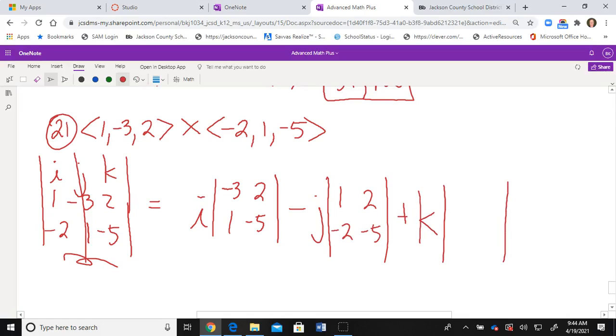You take out k's column, you're left with 1, negative 3, and negative 2, 1.